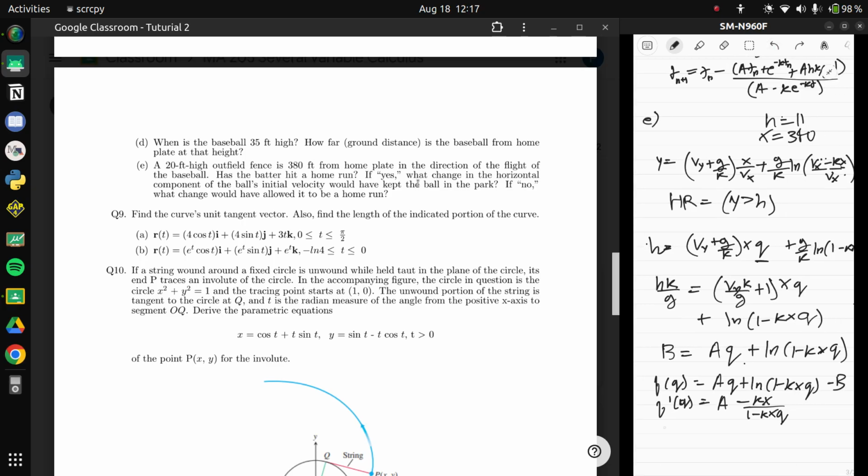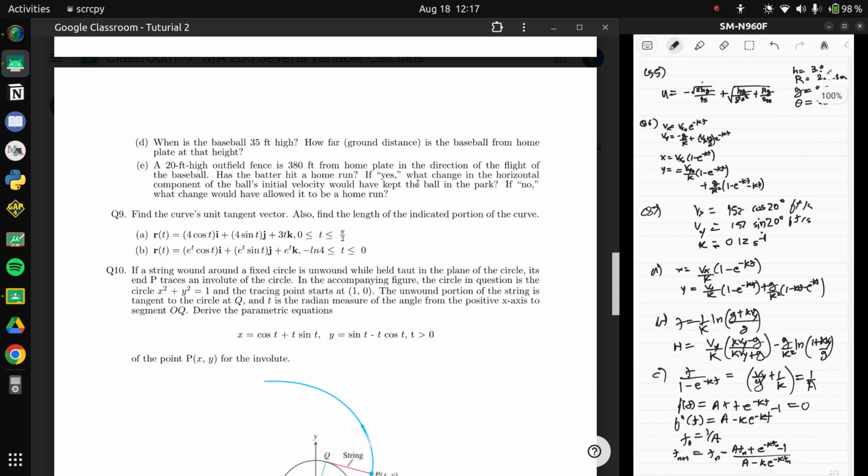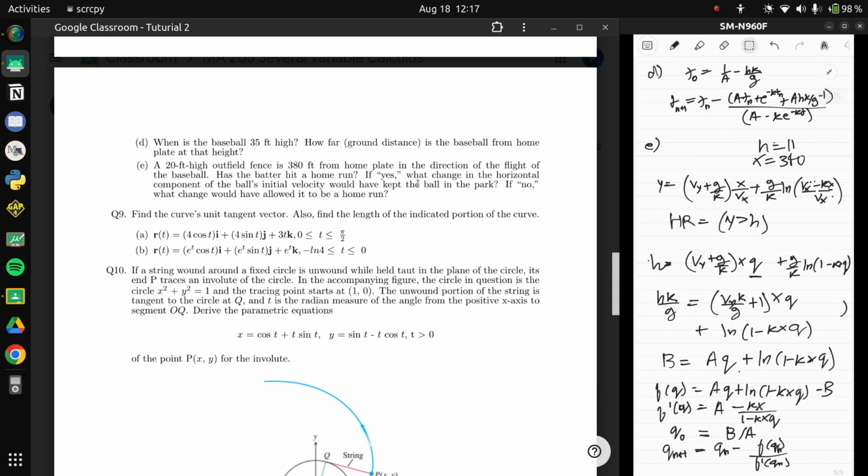So you just have your q sub 0, that's equal to b upon a, and then again qn plus 1 is just equal to qn minus. That's it. Right, that pretty much solves it, I think.